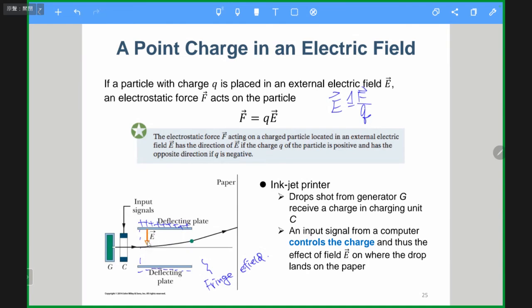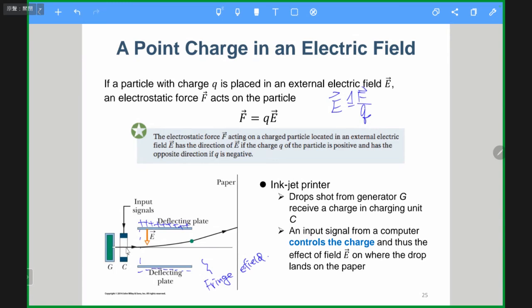So try to accept that there is a uniform E field pointing downward between the parallel plates, and here it tries to simply explain the mechanism of the inkjet printer. For example, if you have green ink, you print it on the paper at different locations. You add some charges to this ink, so it becomes a charged particle.